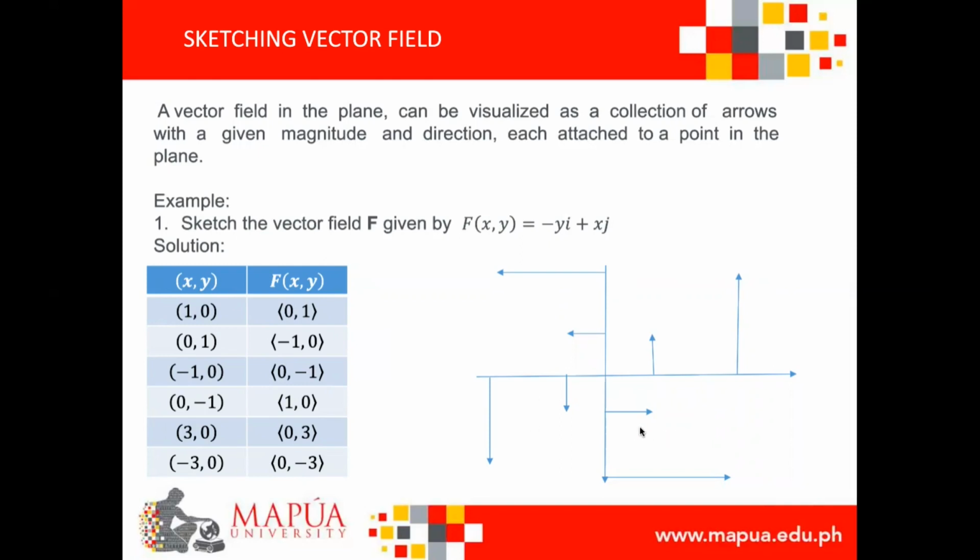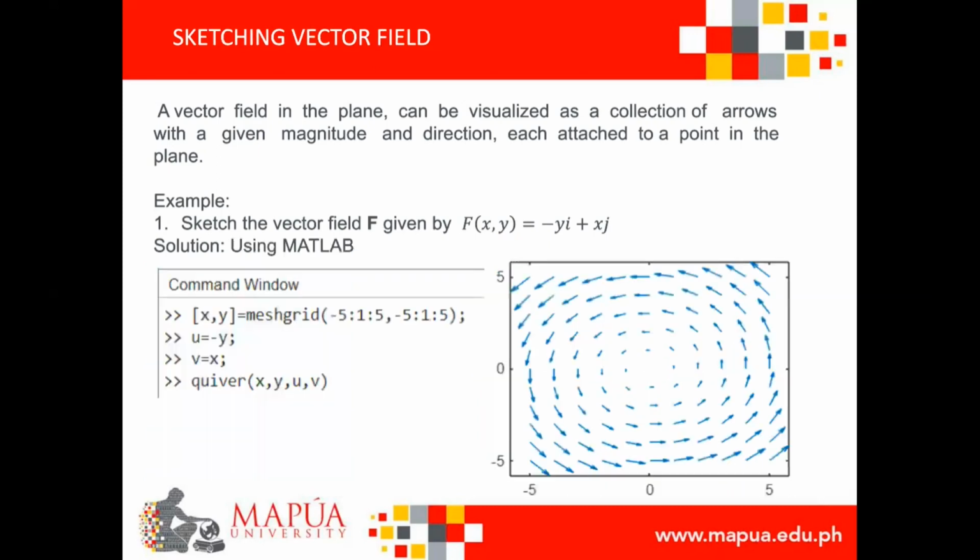And then in the fourth quadrant, we have vectors going to the right. So it forms a circular pattern. As we can see in the graph using MATLAB, we have here a circular pattern of vectors. So this is the graph of the vector field F of x, y equals negative y i plus x j.